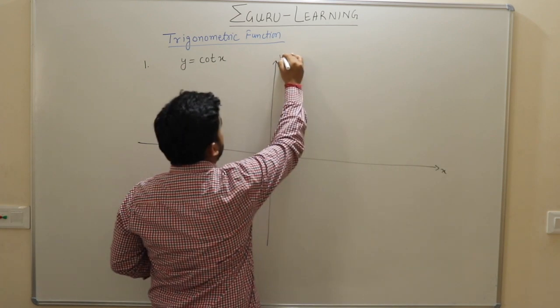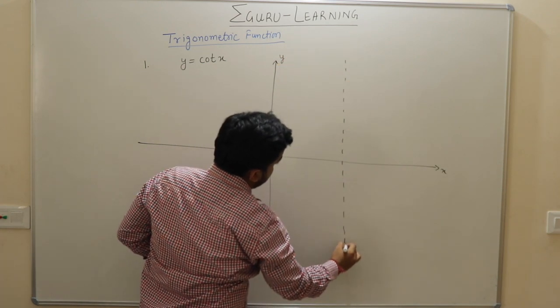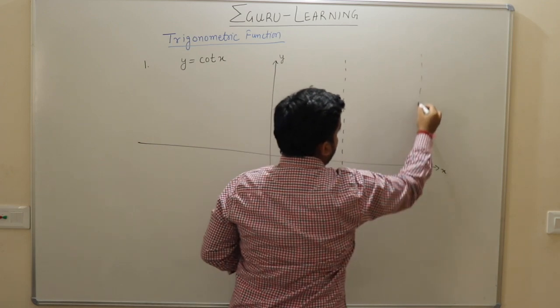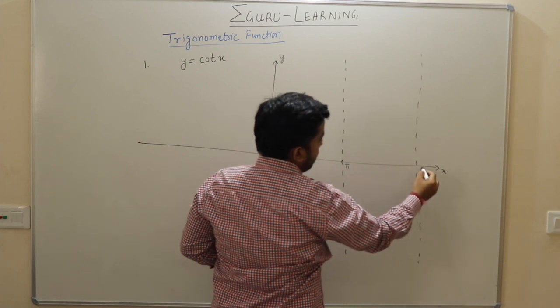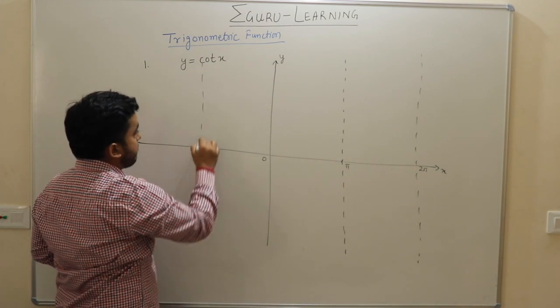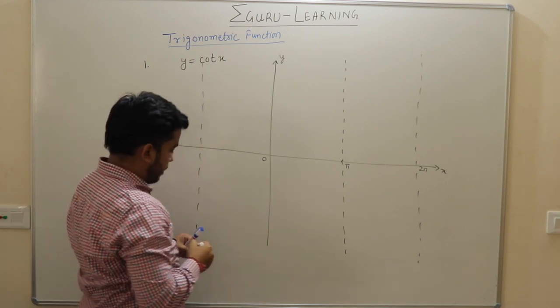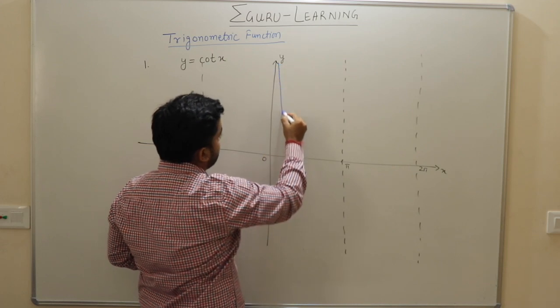This is x, this is y. This is, let's say, pi, 2 pi, 0. And now let's see the graph of cotangent of x.